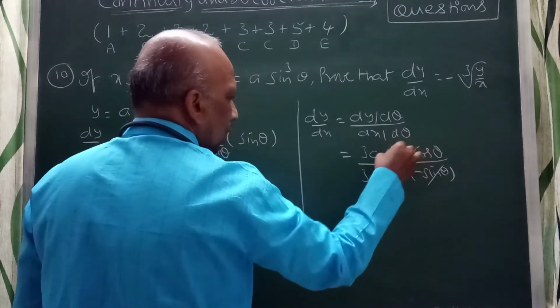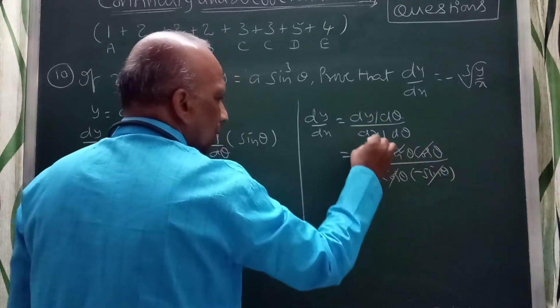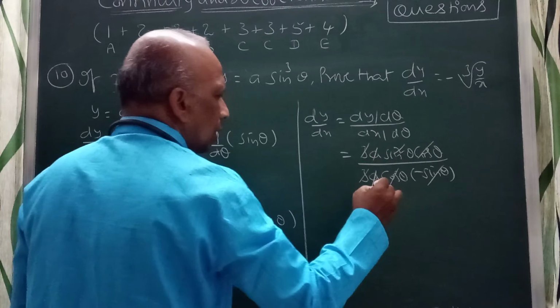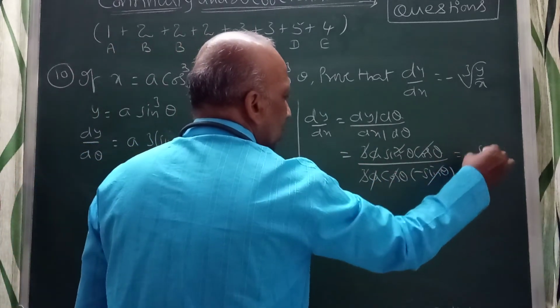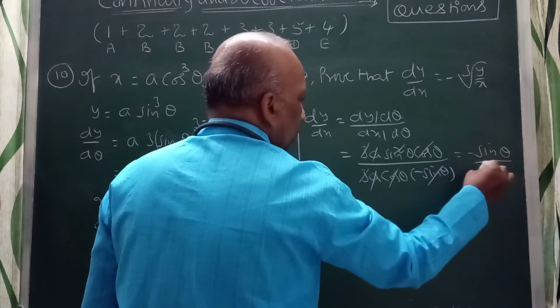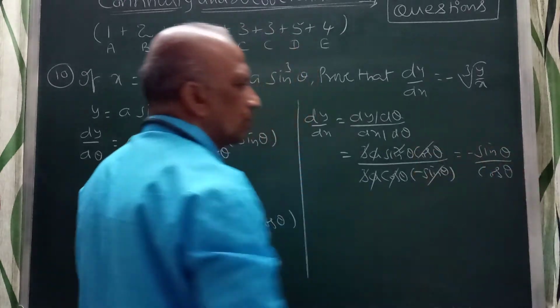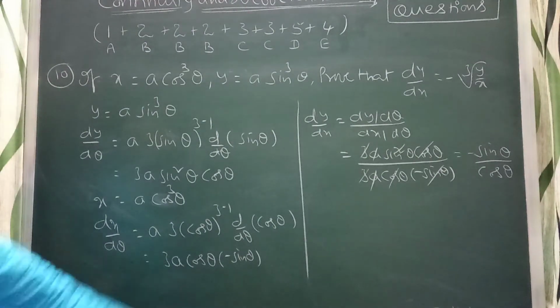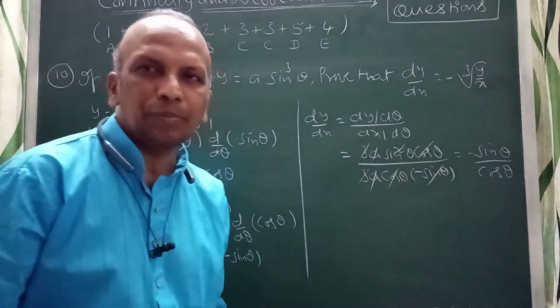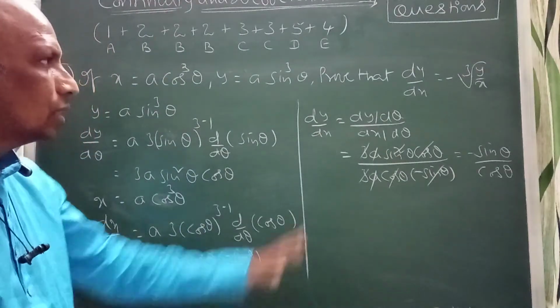Correct. Sin theta will get cancelled with this, cos theta will get cancelled with this. You will get minus sin theta by cos theta. But we want the answer as minus cube root of y by x. I will check that. This is the LHS.